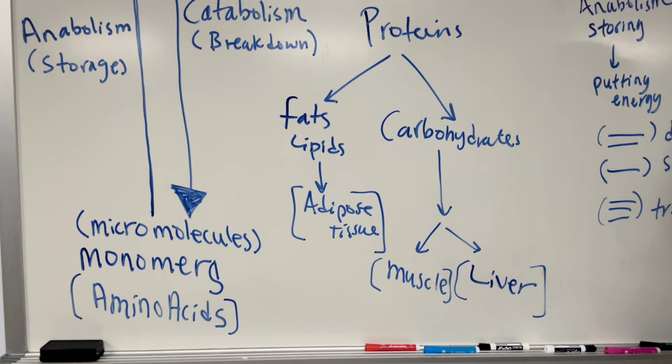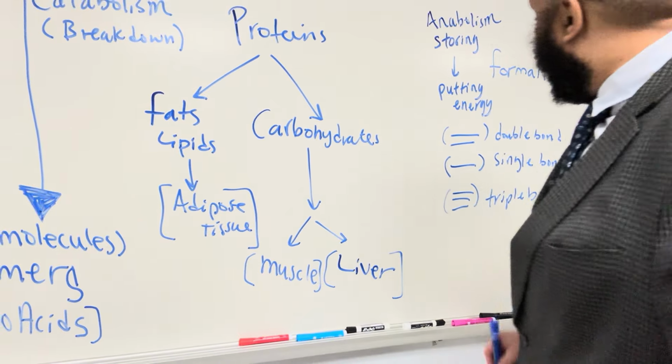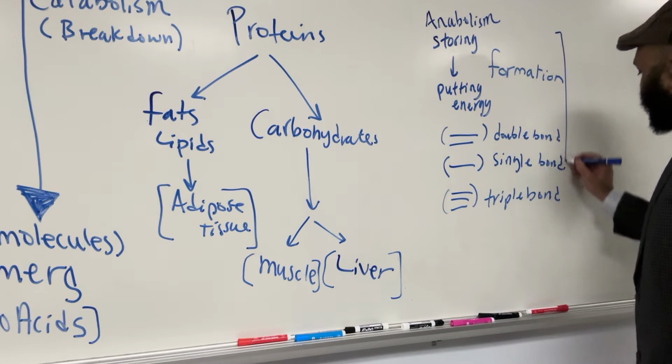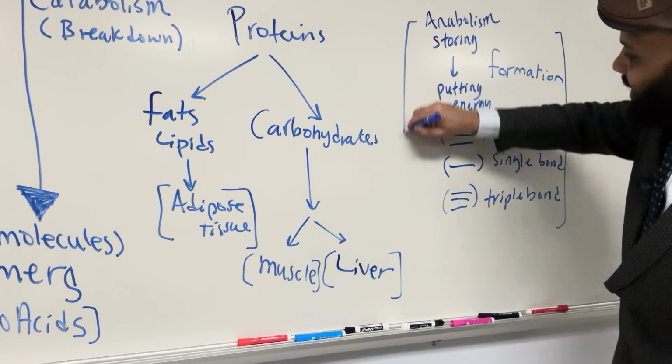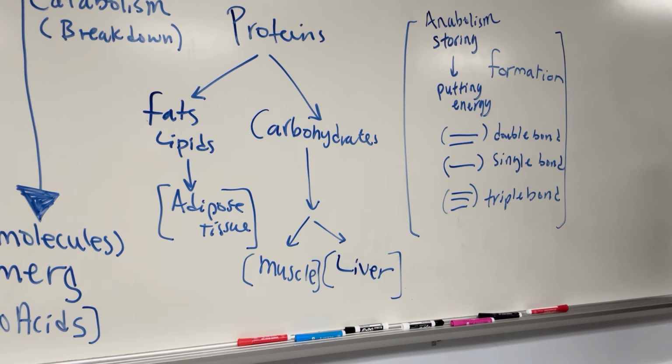So storing is about formation. We are forming bonds. When we form bonds, we put energy in those bonds. So anabolism is about making macromolecules and storing energy in the bonds.